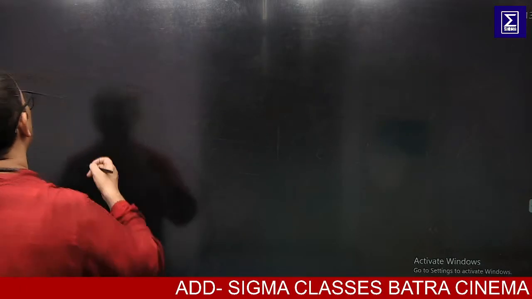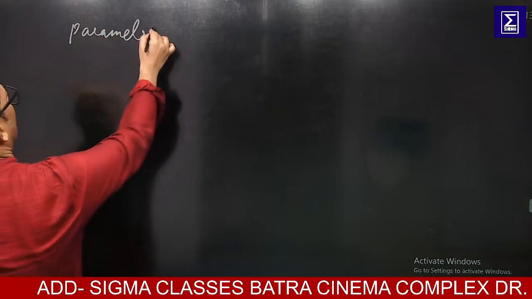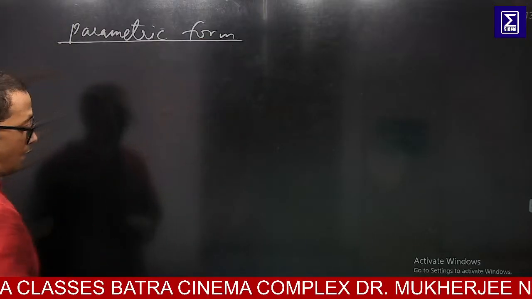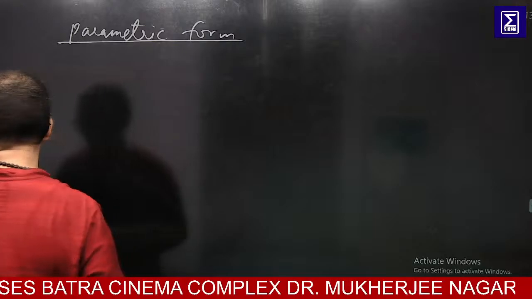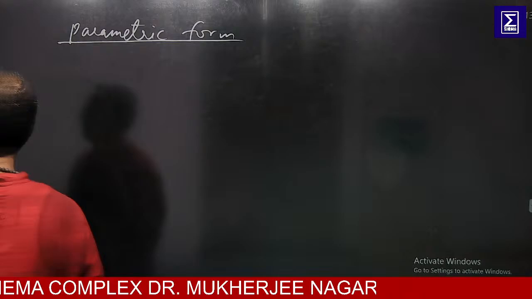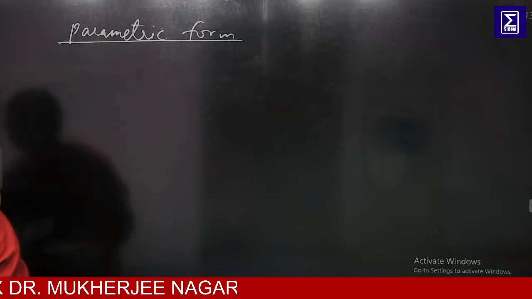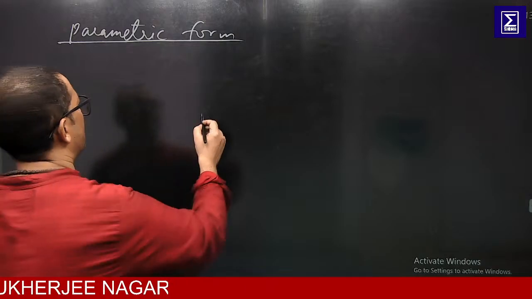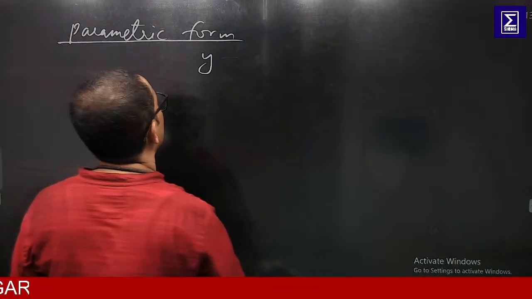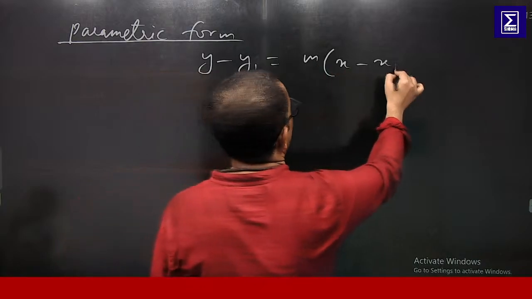Now we shall see the parametric form. Parametric form could be converted from the two-point form, or also we can say slope intercept form. How? For an example, we know y minus y1 is equal to m times x minus x1.